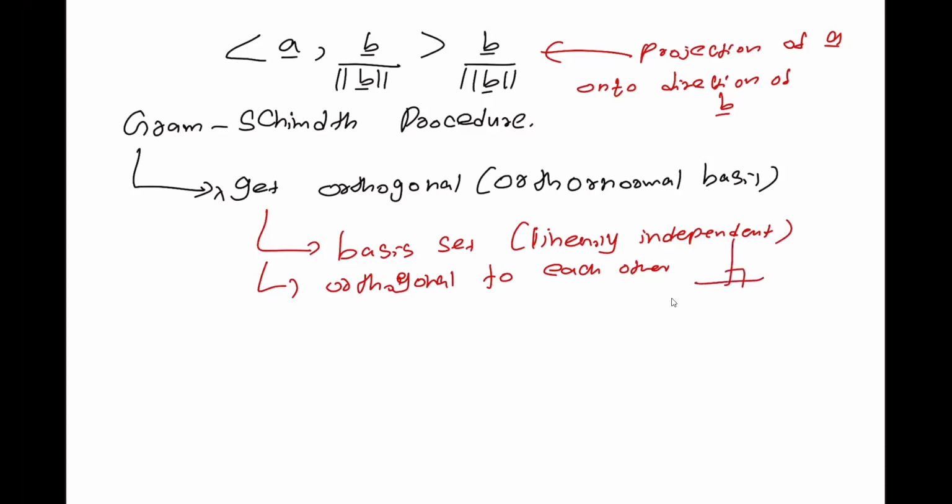In other words, they are perpendicular, not in the geometrical sense but in the inner product sense. Also, we can have an orthonormal basis. These are two different words. In an orthonormal basis, each basis vector has a magnitude of 1. Okay, you got the point?